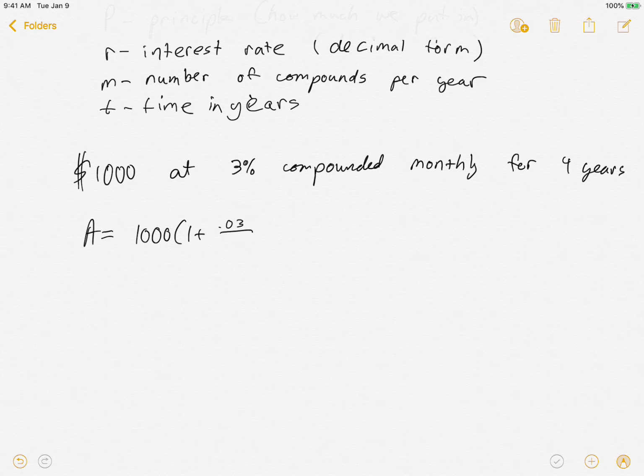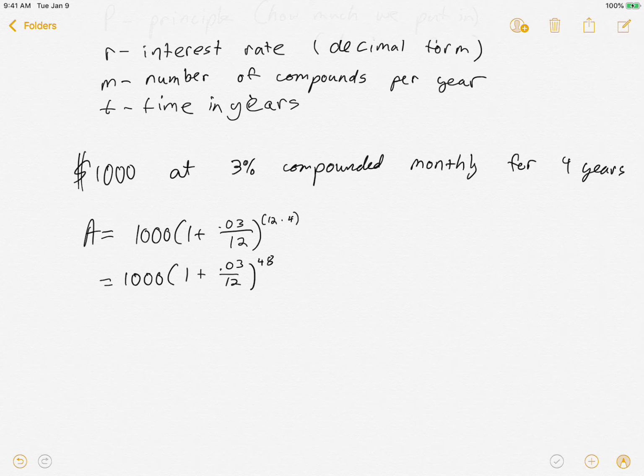And now M is number of compounds per year. So if it's compounded monthly, there's 12 months in a year, so that's 12, to the power of 12 times the number of years, which is 4. So we would have 1 plus 0.03 over 12 to the power of 48.